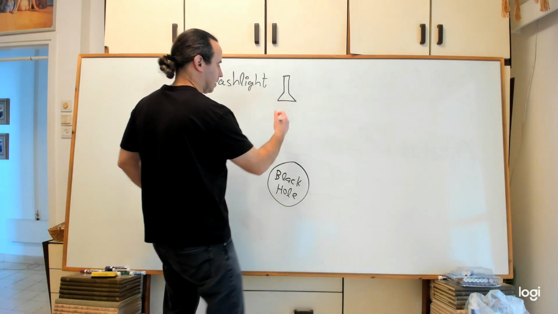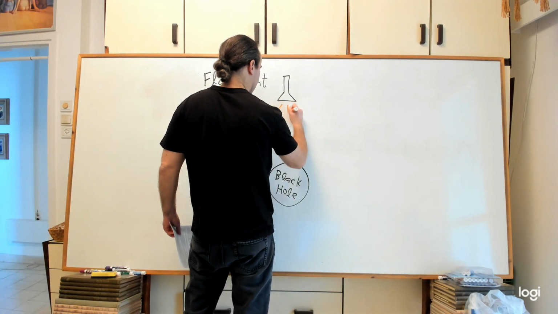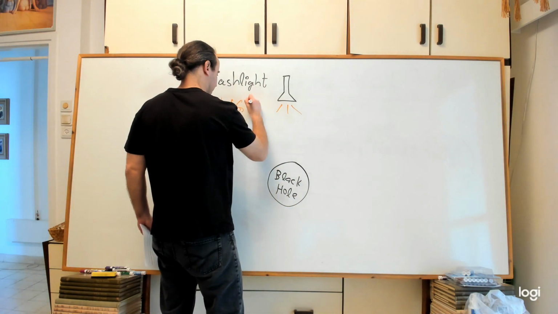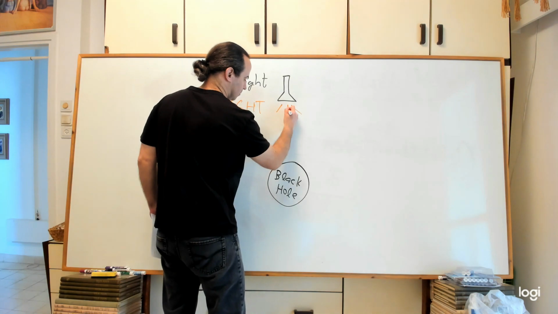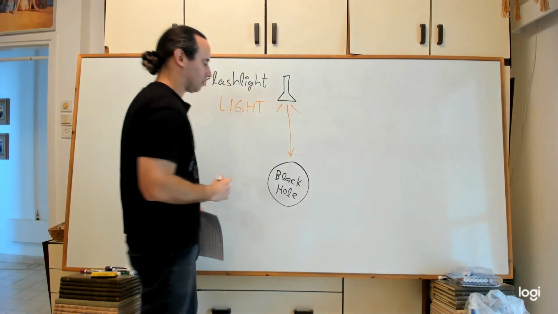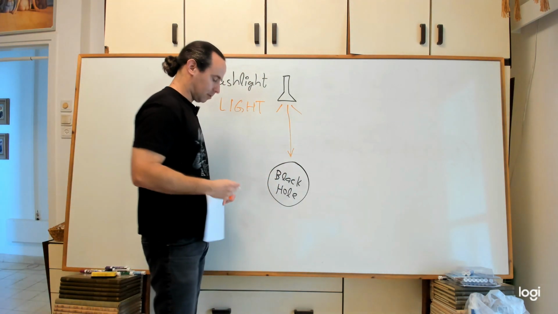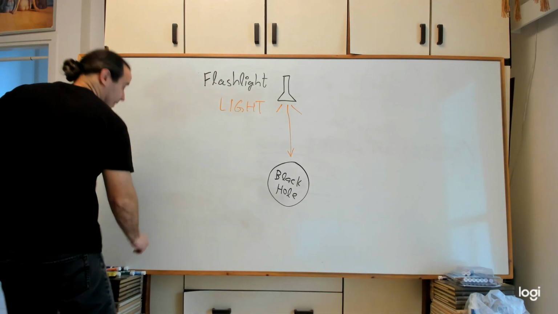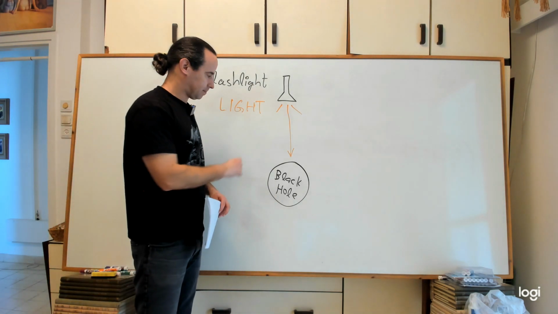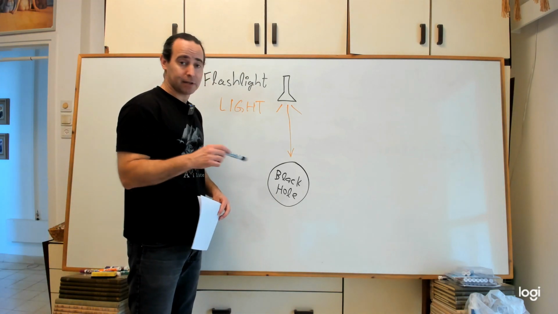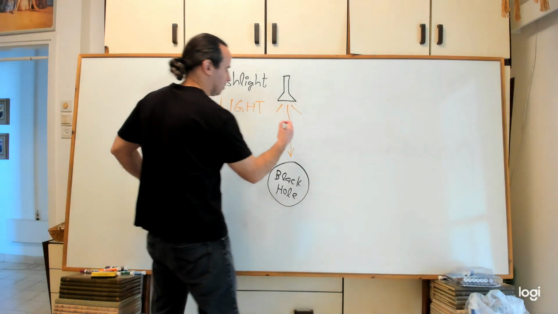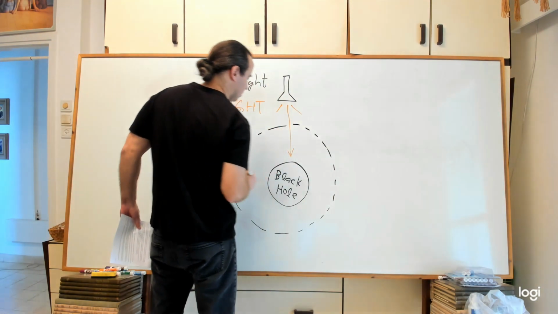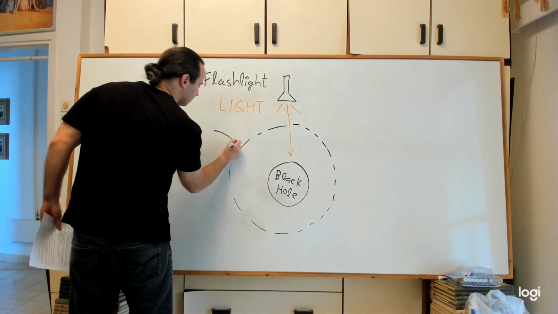And we are making a light. This makes light. And the light goes down towards the black hole and hits the ground of the black hole. Okay, there is an event horizon. Okay, this is the event horizon.